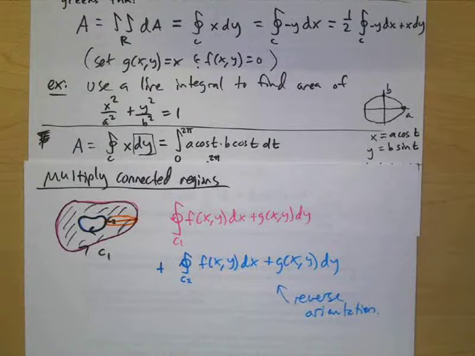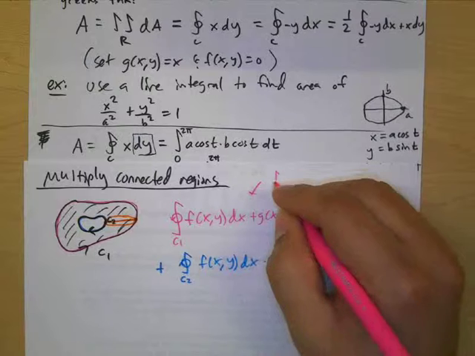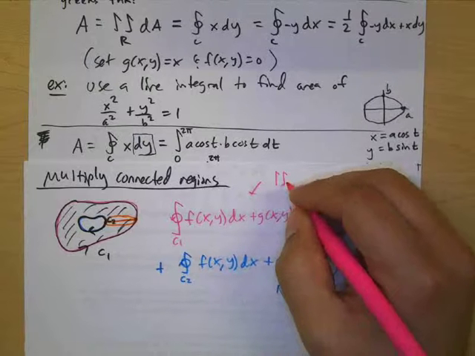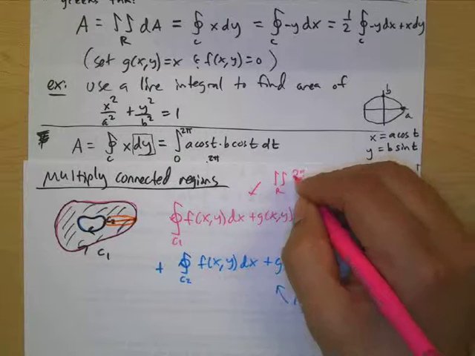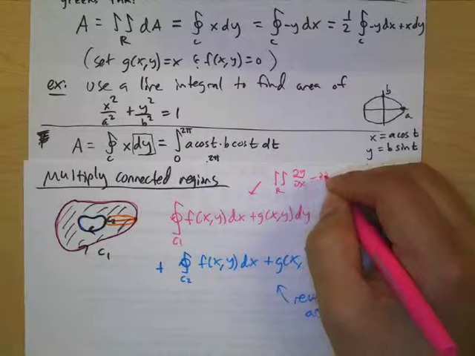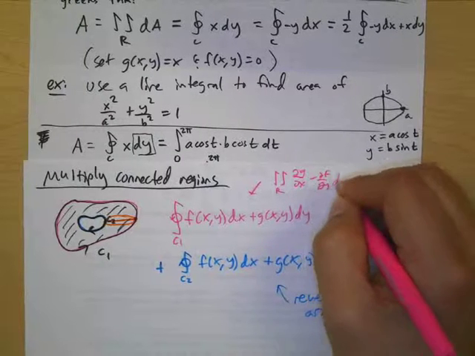Is there anything else I want to do? I think that's good. We could even clarify. This would be the double integral of partial g partial x minus partial f partial y dA.